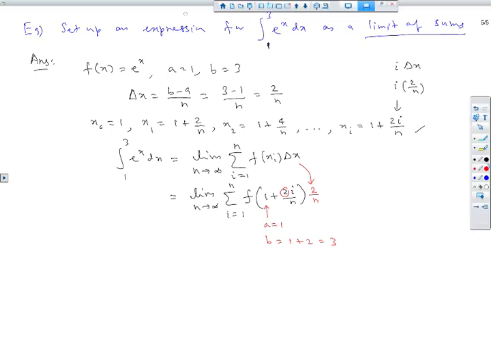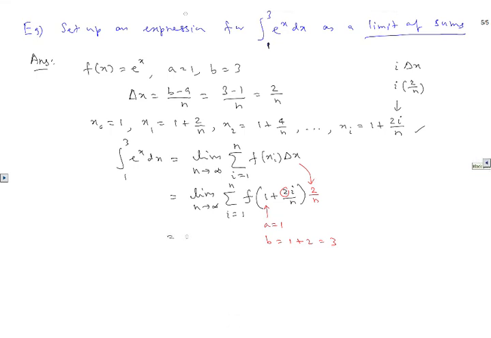So you can simply write this as the limit as n goes to infinity of 2 over n, and you can pull out the sum with i going from 1 to n of f, this part. Put it there, and that's the answer. So that's how you can write the integral as a summation.